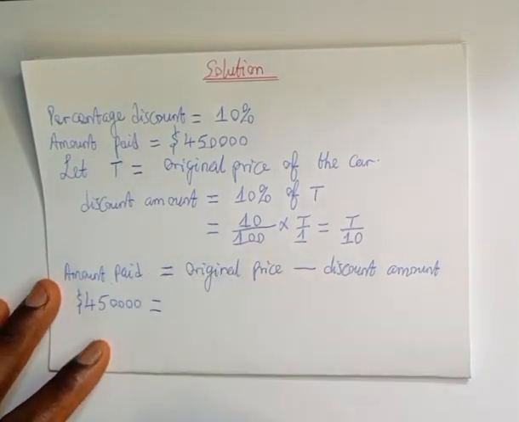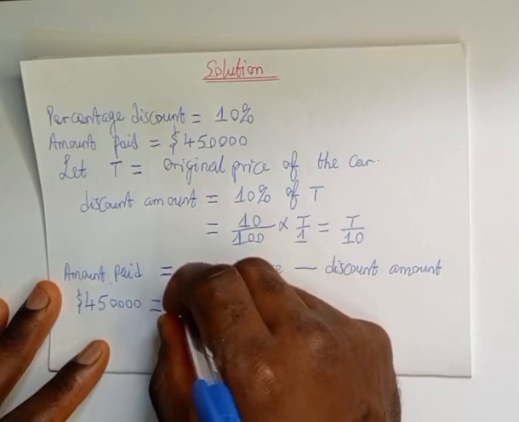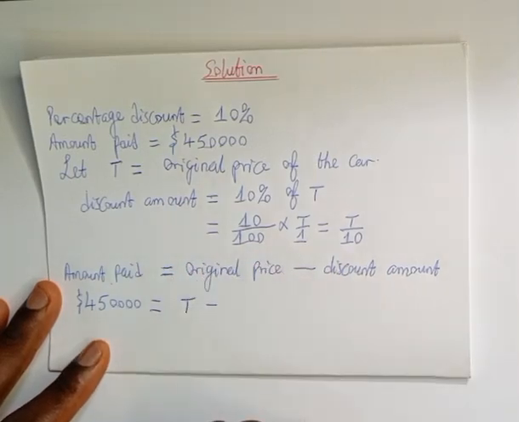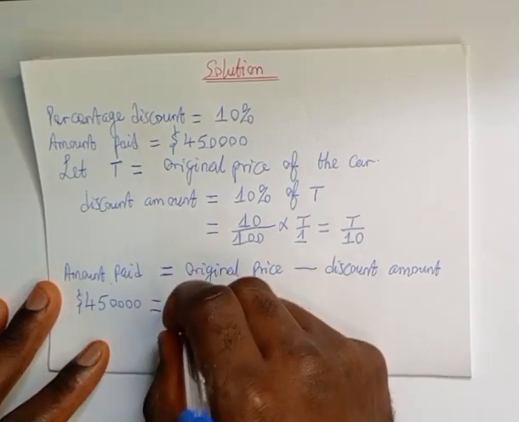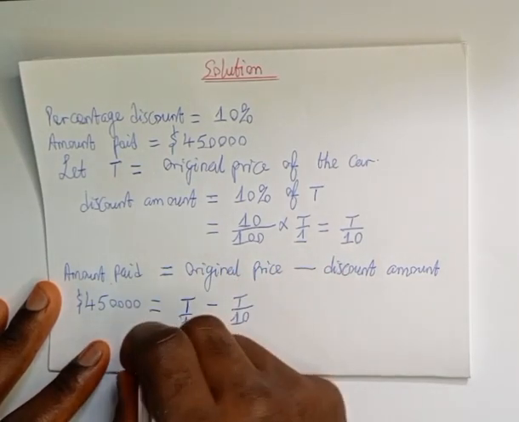This will be equal to the original price, which is T, minus the discount amount, which is T on 10. T can be written as T over 1.